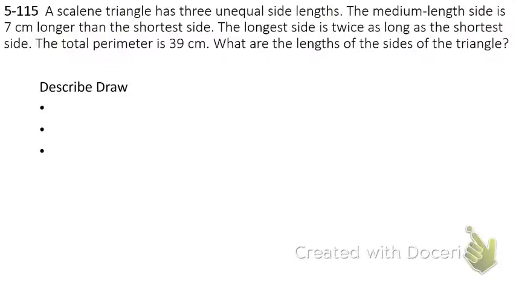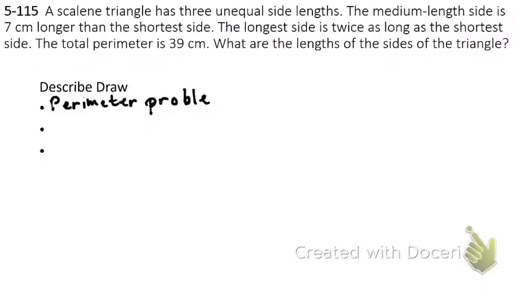Now, right now we're in our describe and draw section. Part of describing and drawing is going to be writing down some of the essential information that's just most important. We want to take out all of the fluff and just focus on what is most important. Now, one thing is, this is a perimeter problem. So I know I'm going to be dealing with adding up sides.